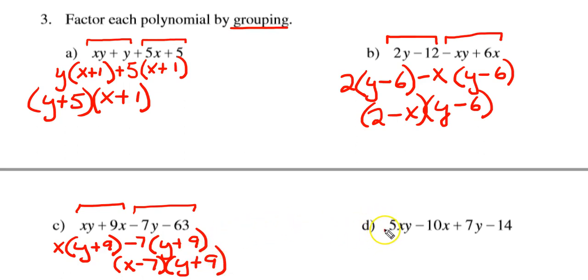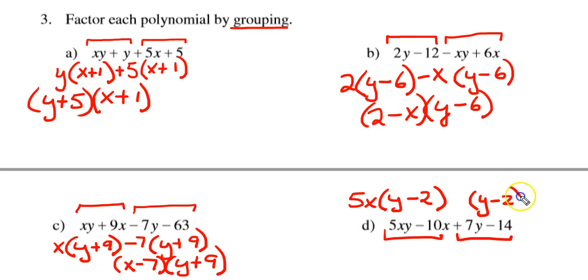Now, here are our two terms. We're going to factor by grouping. What can I take out of these two? Well, a 5x. And then I'm left with y minus 2. And if I want a y minus 2 out of these others, what do I have to take out?